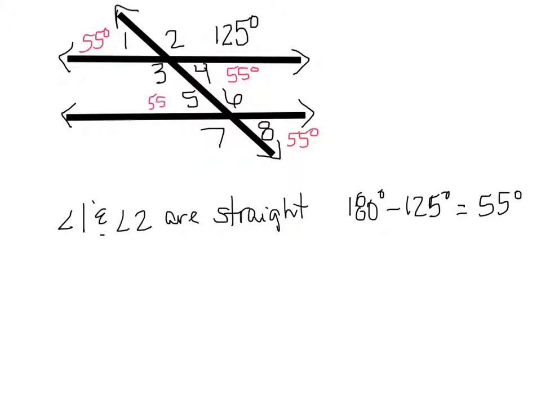Okay, now tell me how you know that angle 1 and angle 4 are both 55 degrees. Because they're across from each other. And what do angles that are across from each other have? They have a special name. Vertical angles, because they are vertical.